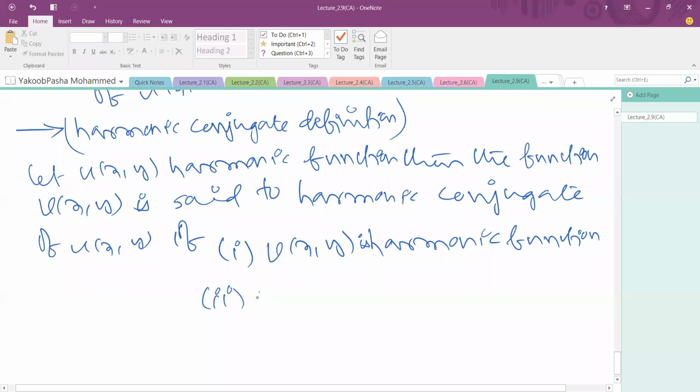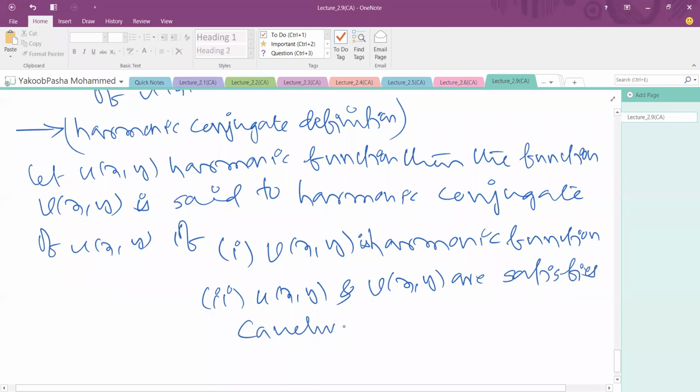That means u of x comma y and v of x comma y satisfy the Cauchy-Riemann equations. Simply, I am writing every time CR equations for Cauchy-Riemann equations.